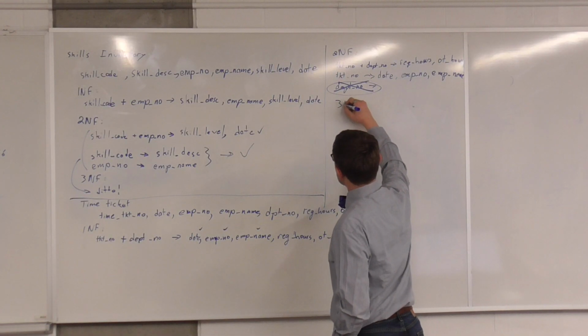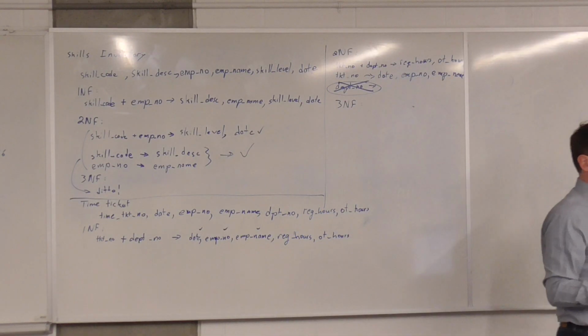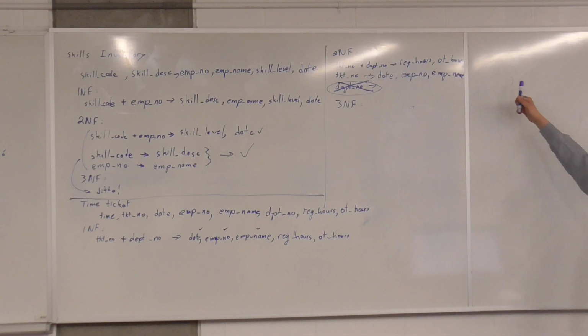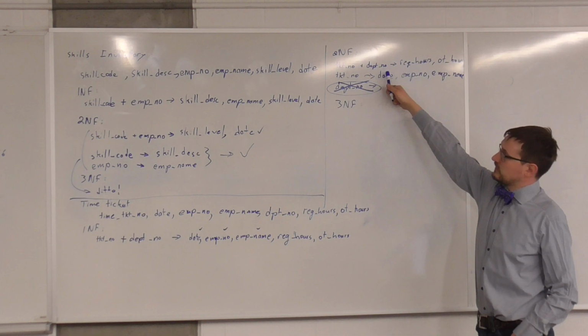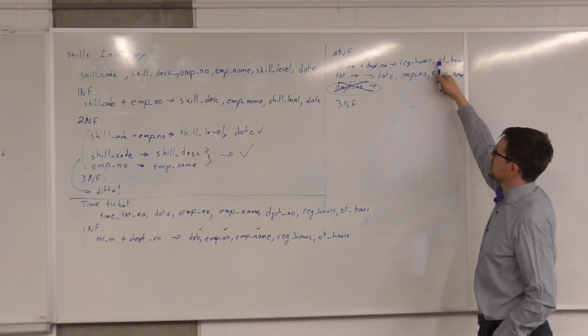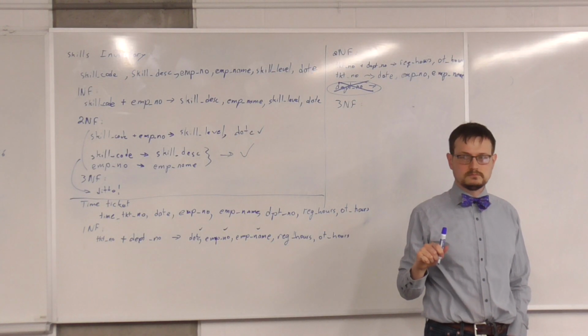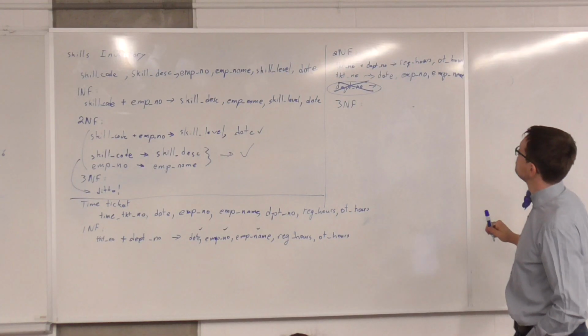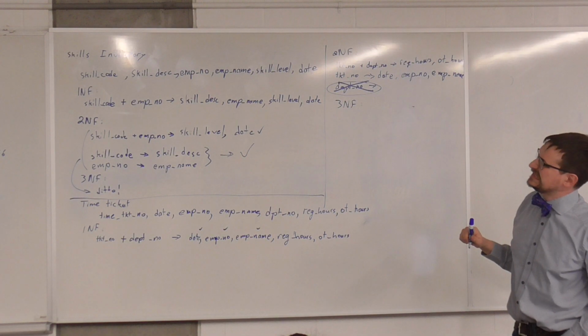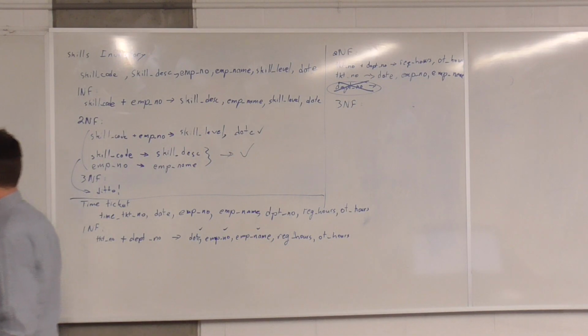Third normal form. So unlike the previous, we actually have some work to do here, right? Considering our tables from the second normal form, we've got the composite key table, regular hours and overtime hours. Are these things dependent on each other? I would say yes. Maybe if the regular hours is more than one, then it goes to the OT hours.